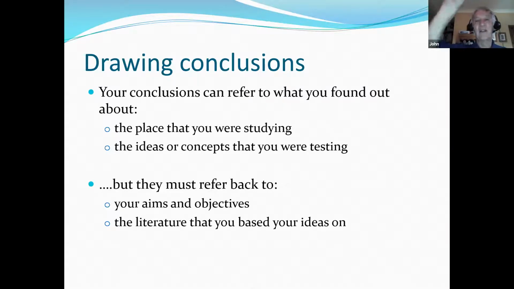You come up with an idea, you give reasons for that idea, you collect the data for it, you present, you analyze, you conclude, and then you take your conclusions back to the idea you started with, and the concepts that you were testing, and the aims and objectives, and the literature you started with, and does it all fit?